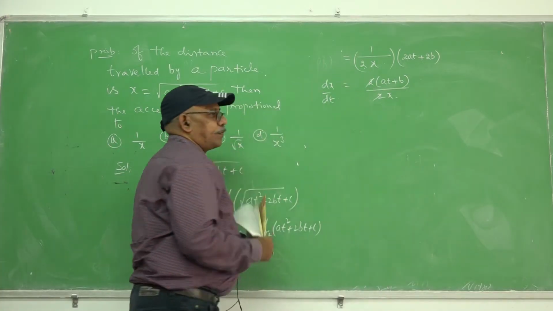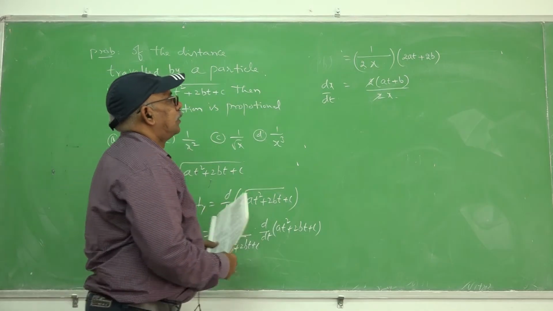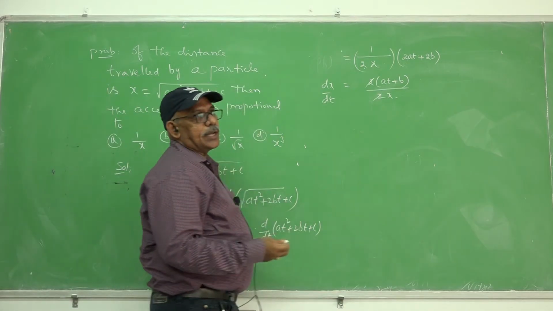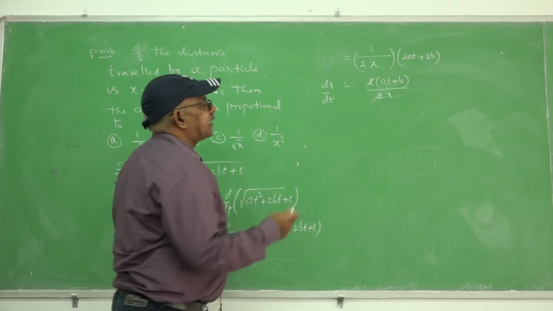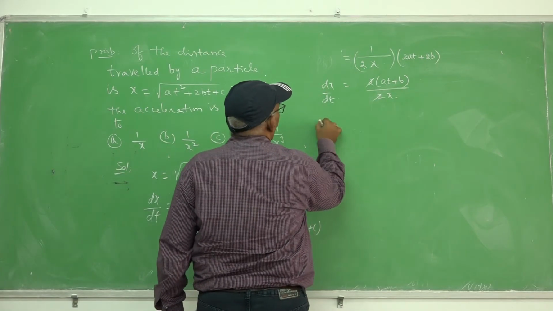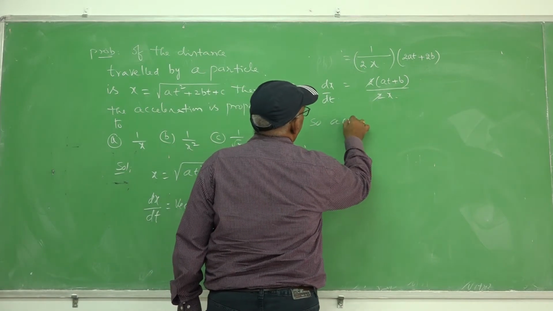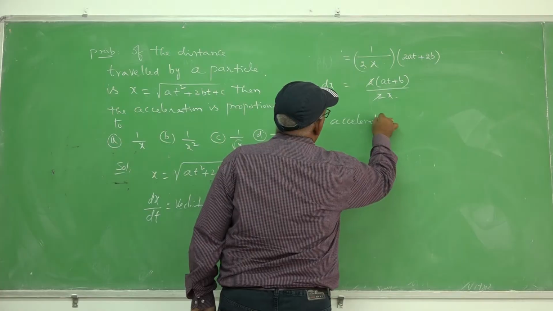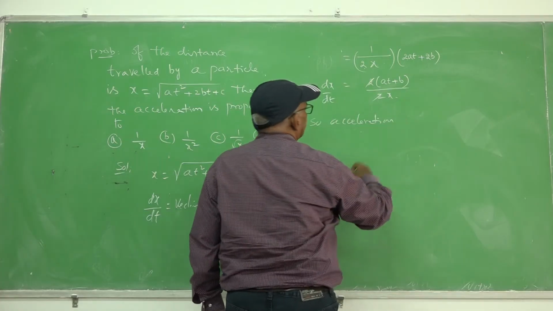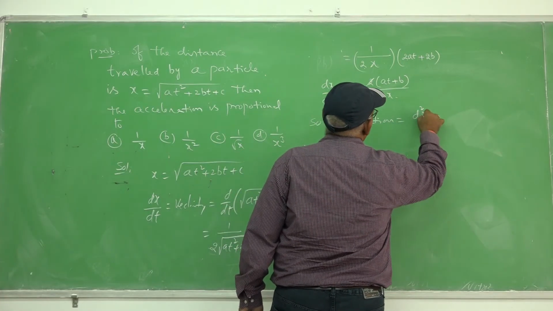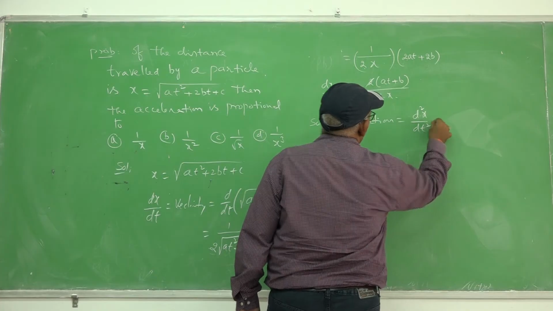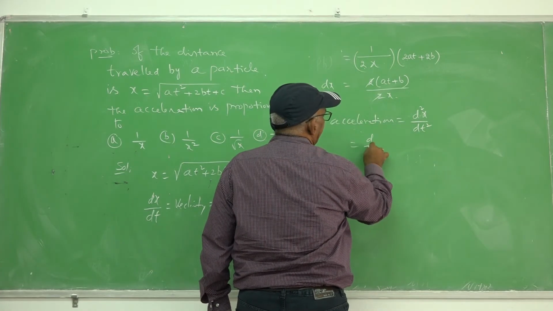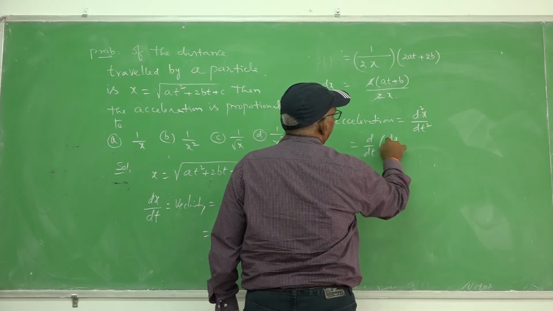But we are in need of acceleration. The acceleration is d square s by dt square, where s is x here. So acceleration is d square x by dt square, that is d by dt of dx by dt.